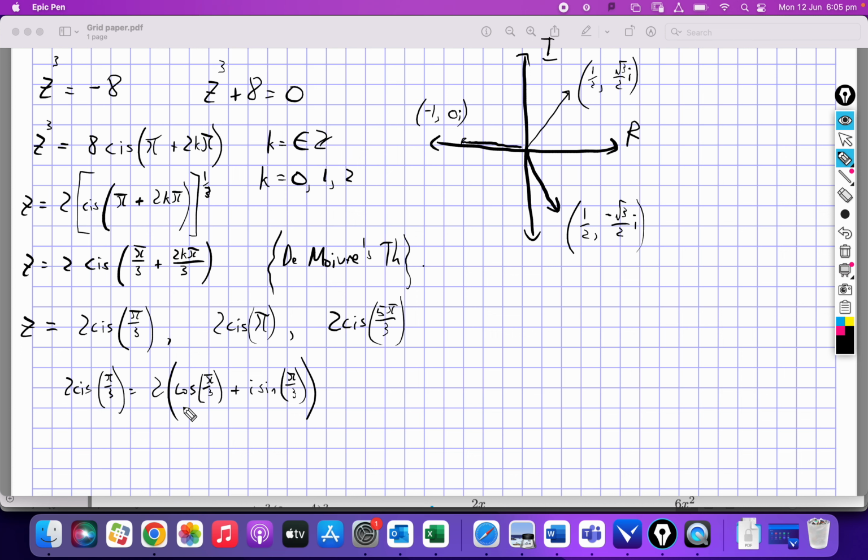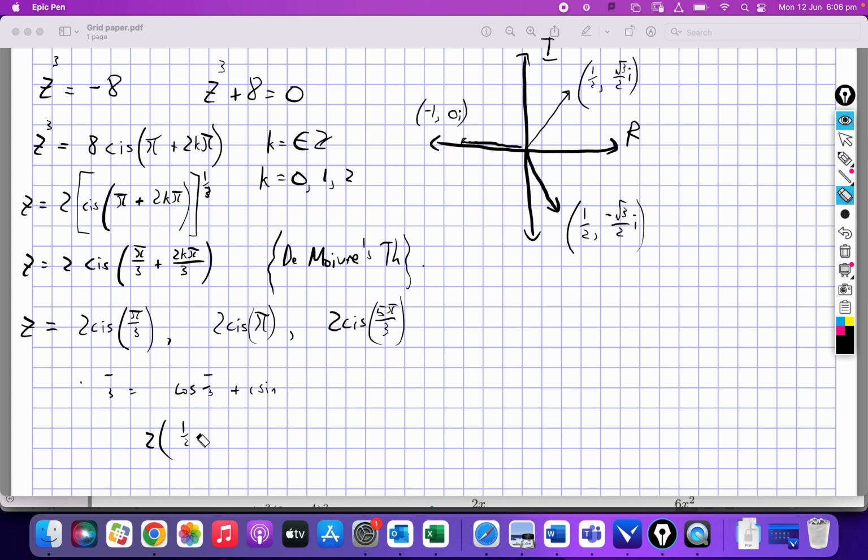This is probably a bit overkill, all this working out, but that's all right. So you've got 2 times a half plus i root 3 on 2. 2 times a half is 1, and 2 times root 3 on 2 is just root 3 i.